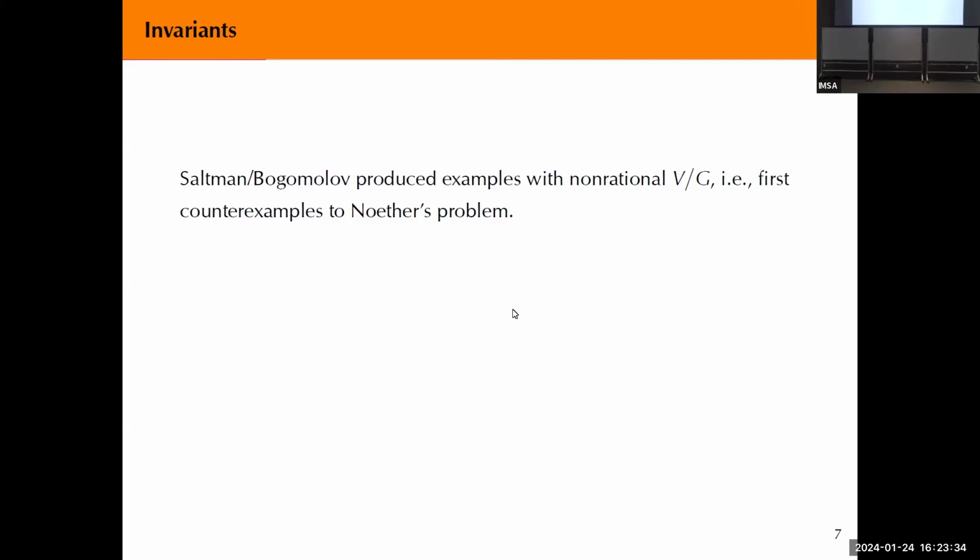They found groups G where the field is not rational. In fact, it's not even stably rational. And the invariant that was deployed is that unramified Brauer group. Bogomolov in particular gave an algorithm to compute the unramified Brauer group in terms of G only. The representation is irrelevant.